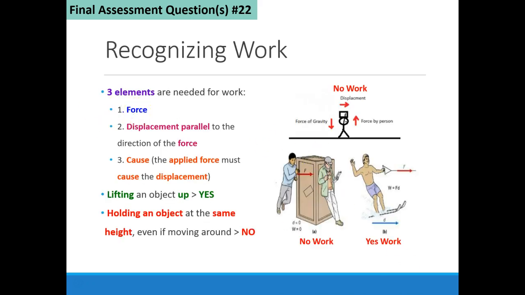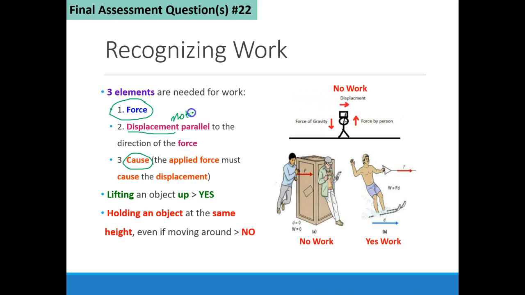Question number 22, again, we're skipping a few questions because we've already answered them in class. Question number 22 is asking about work. So remember, there are 3 elements that are needed for work. We need a force, and that force is going to actually cause a displacement, okay, which means a motion, right?